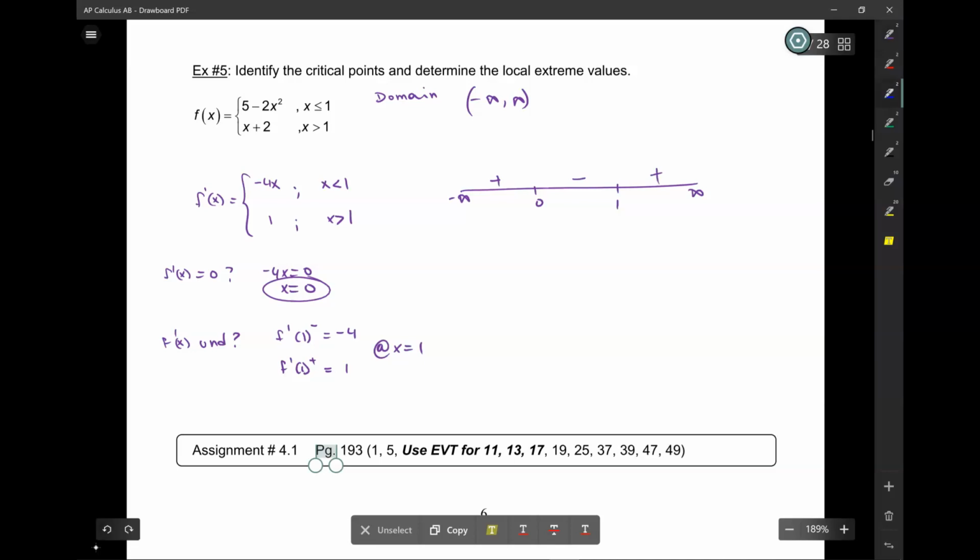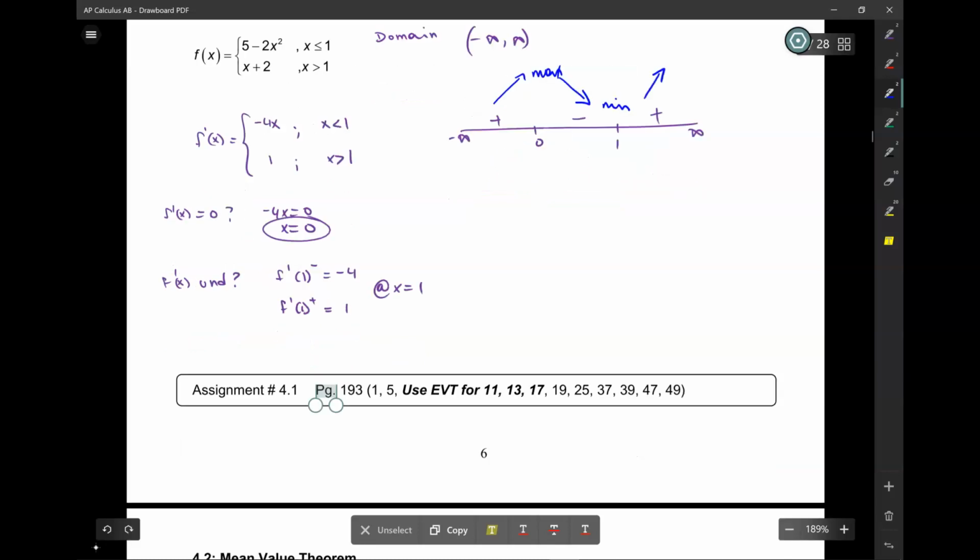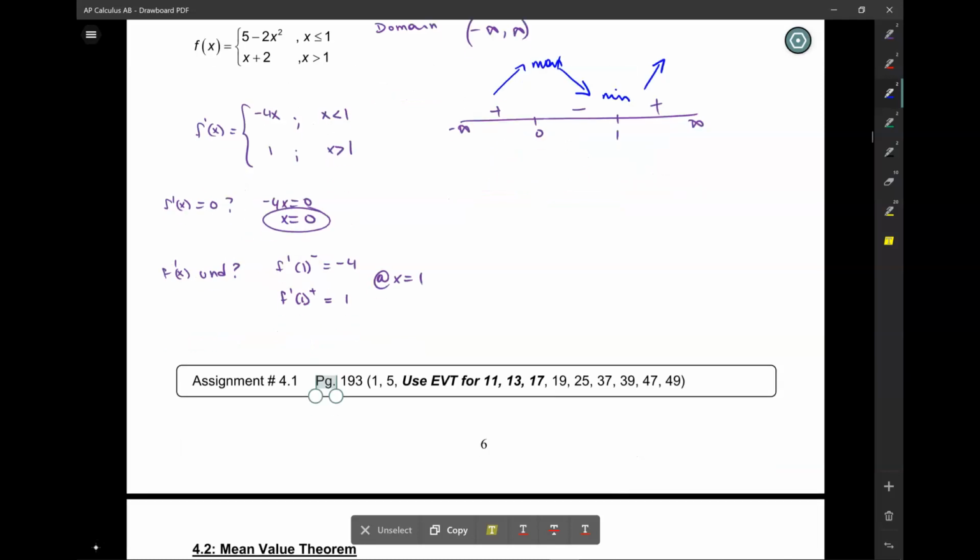Okay, so now the function is increasing, decreasing, increasing. So there is a maximum here and a minimum there. Okay. So, while I take that question, go ahead and plug in f of 0 and f of 1 and find the maximum.